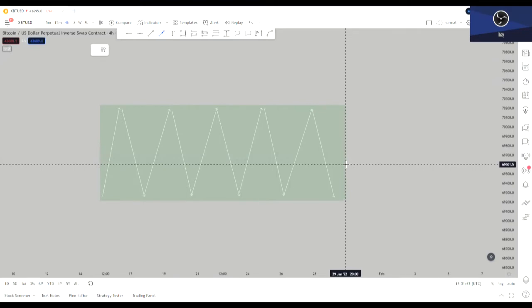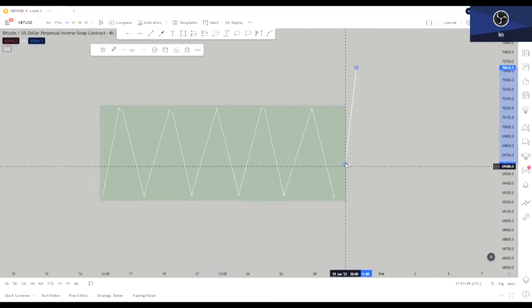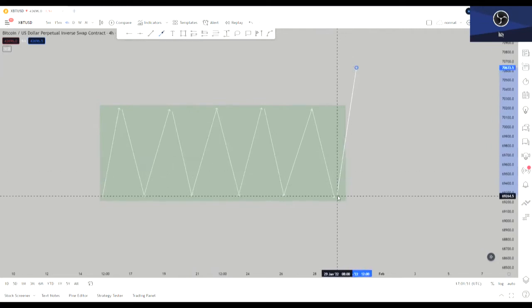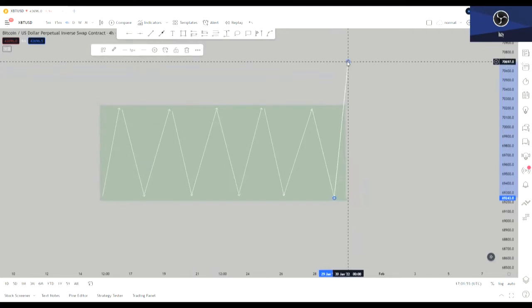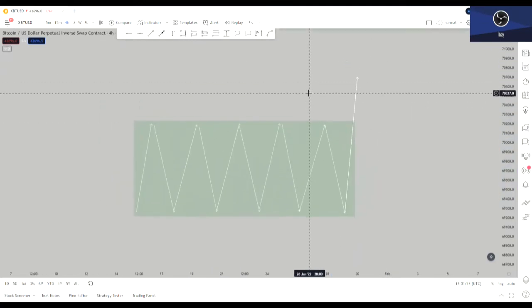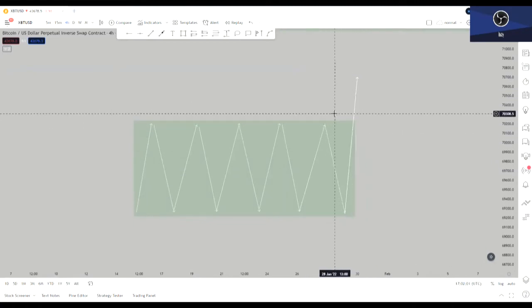So let's talk about price taking buy liquidity first. After the accumulation, you can see price going above the range aggressively. What you want to do is be very aware of what happens immediately after price breaks the range higher.